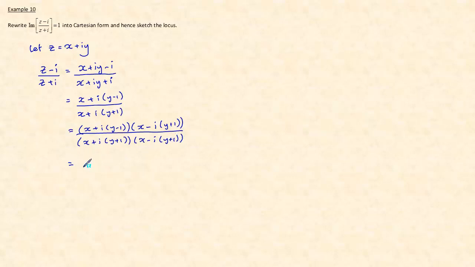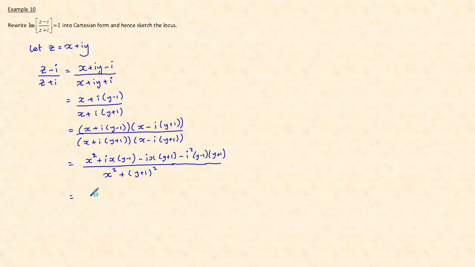And we've done this enough times to see that the bottom is just going to be x squared plus (y plus 1) squared. On the top, expanding out, we get x squared plus ixy minus 1, take away ix(y plus 1), take away i squared (y minus 1)(y plus 1).